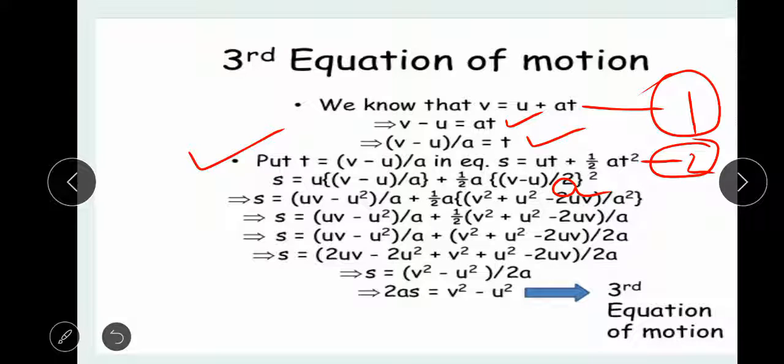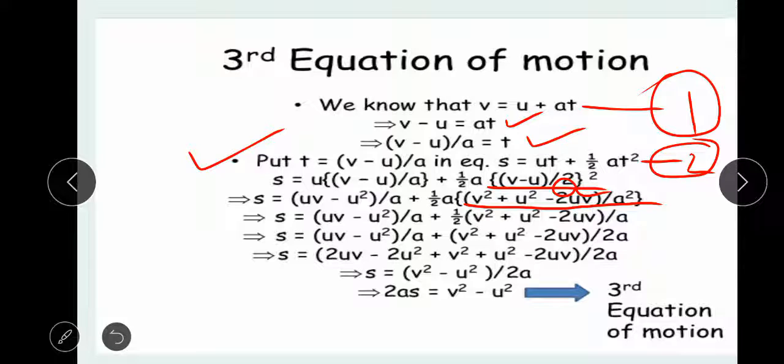Now multiply u in the bracket, you will get (uv - u²)/a + ½a(v² + u² - 2uv)/a², because there is a whole square on the bracket, hence you have to apply the (a - b)² formula on this bracket.